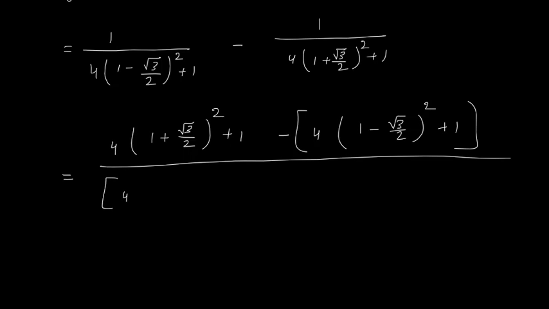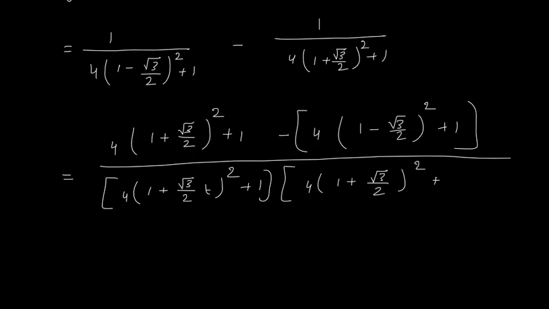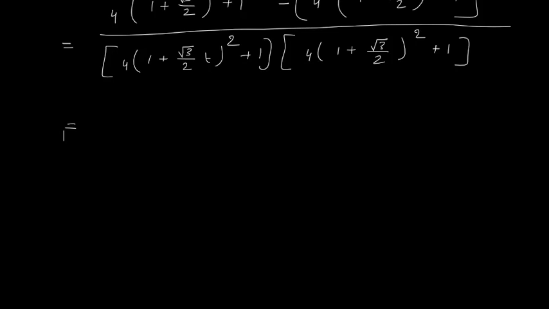So here 4 into (1 plus root 3 by 2) the whole square plus 1, into 4 times (1 plus root 3 by 2) the whole square plus 1, is equal to numerator.